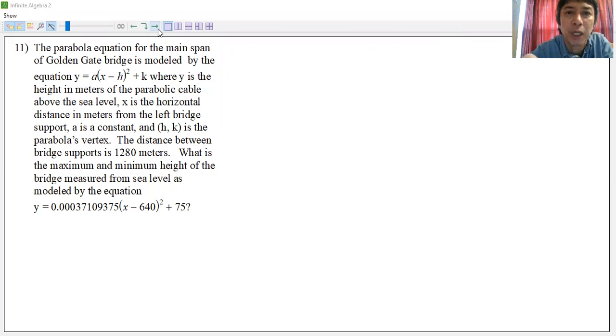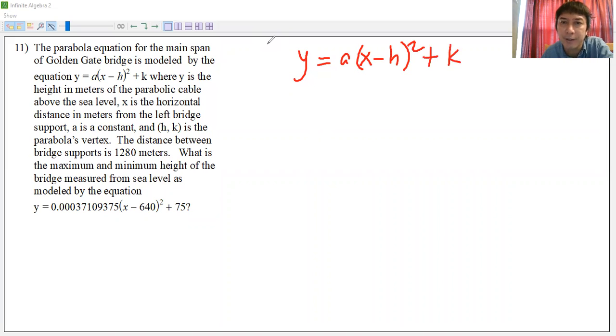This is the parabola, which is quadratic, where y is the height in meters of the parabolic cable above sea level. x is the horizontal distance in meters from the left bridge support.